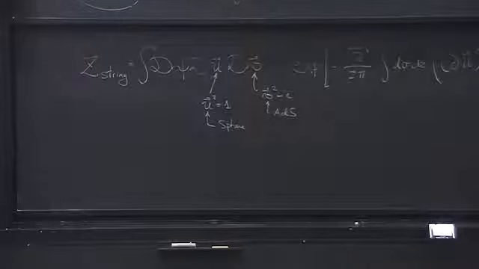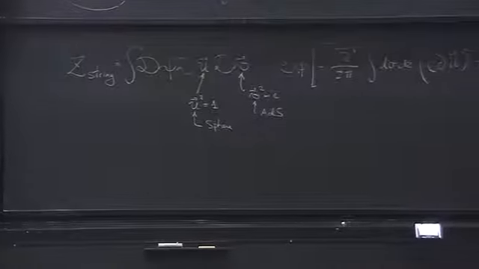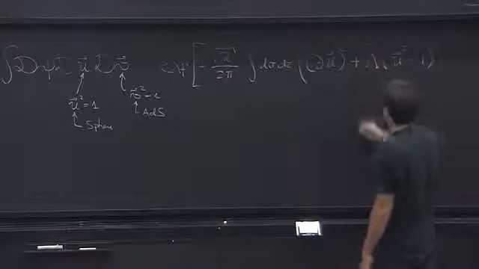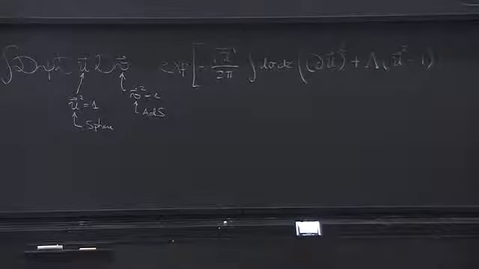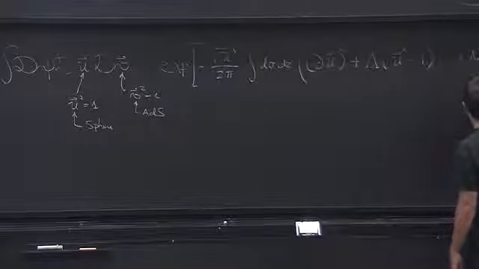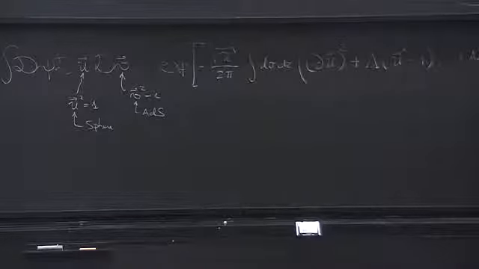Let me use a different letter, capital lambda, being a Lagrange multiplier that when I integrate over it, again, it's implicit, we set u squared to 1. And then there would be plus the AdS part plus the fermions. Okay?